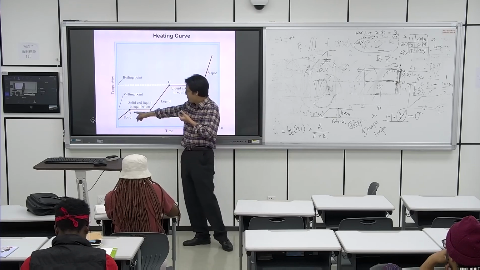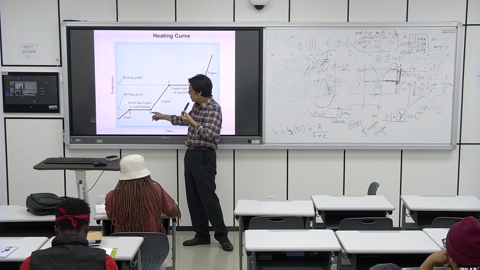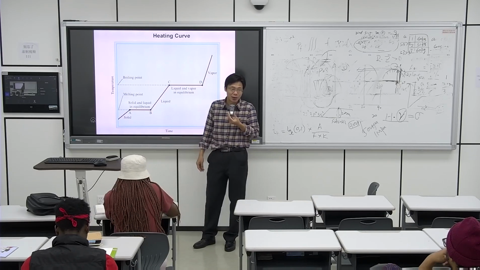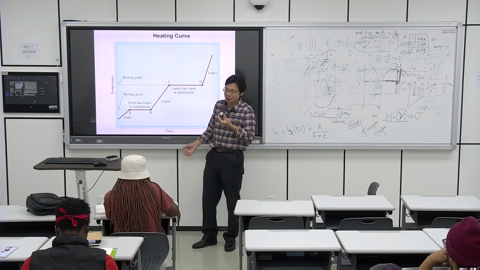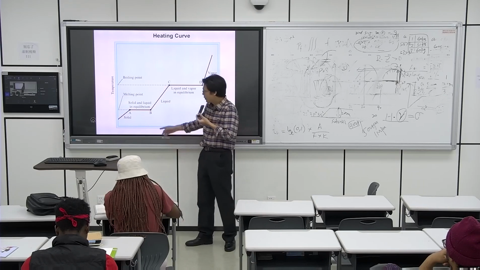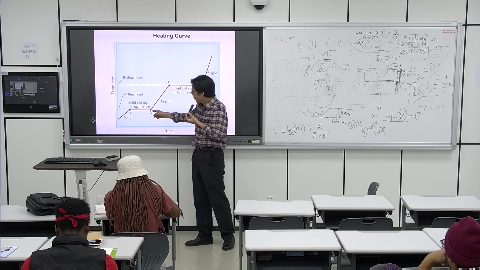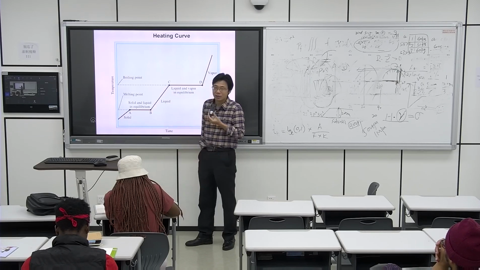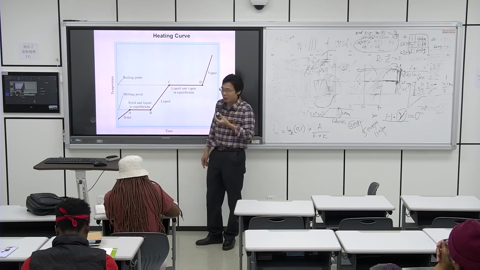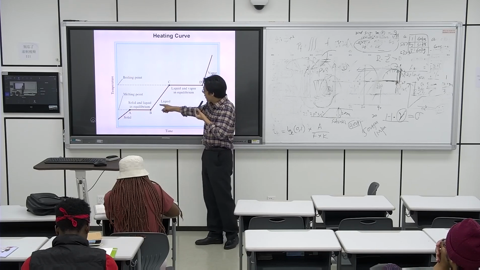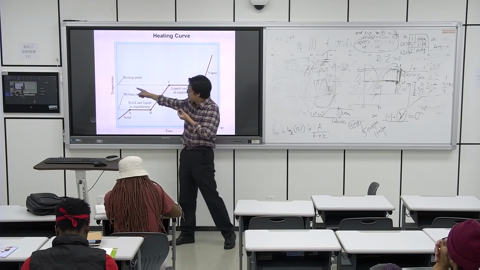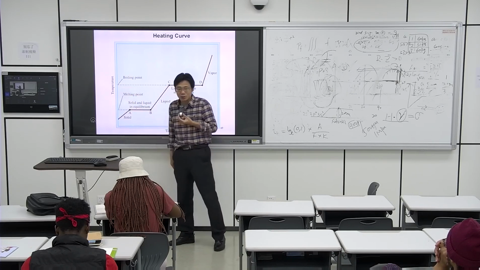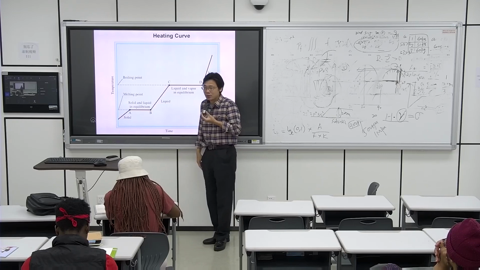Okay. From A to B, at B, this means all the solid changed to liquid. All the solid melts and becomes liquid, and then the temperature will increase again, right? When it arrives at C, it means the temperature is at the boiling point.